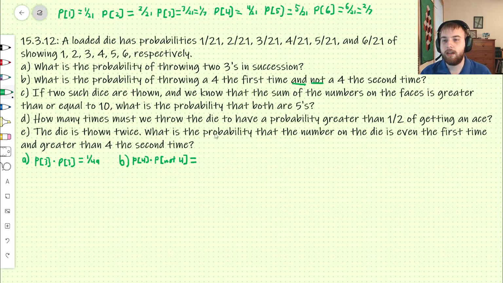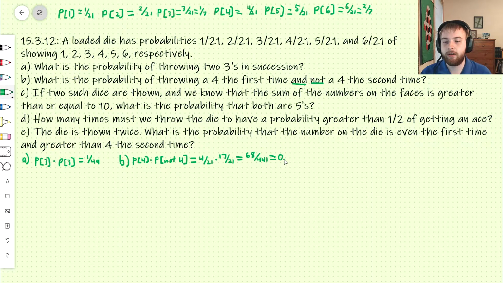So the probability of 4 is 4 over 21, times the rest of it, which is 17 over 21. So that is going to be 68 over 441. Unfortunately, this doesn't really help me out so much as to what the actual value is.